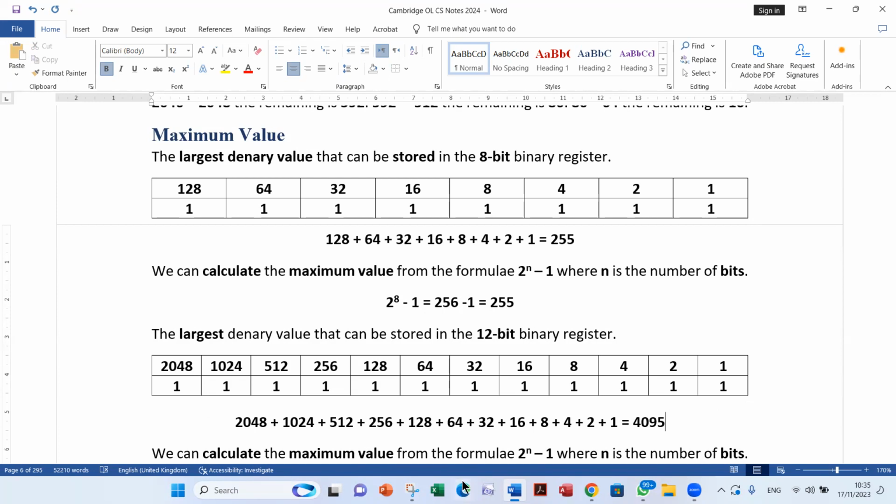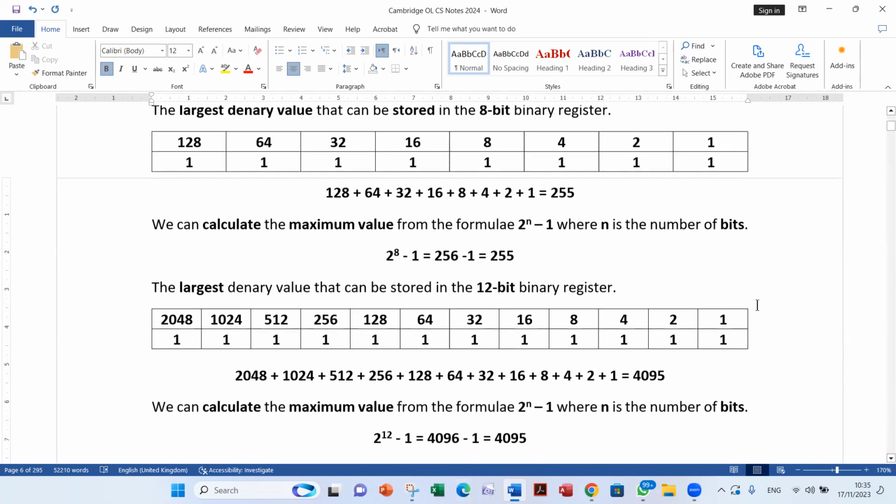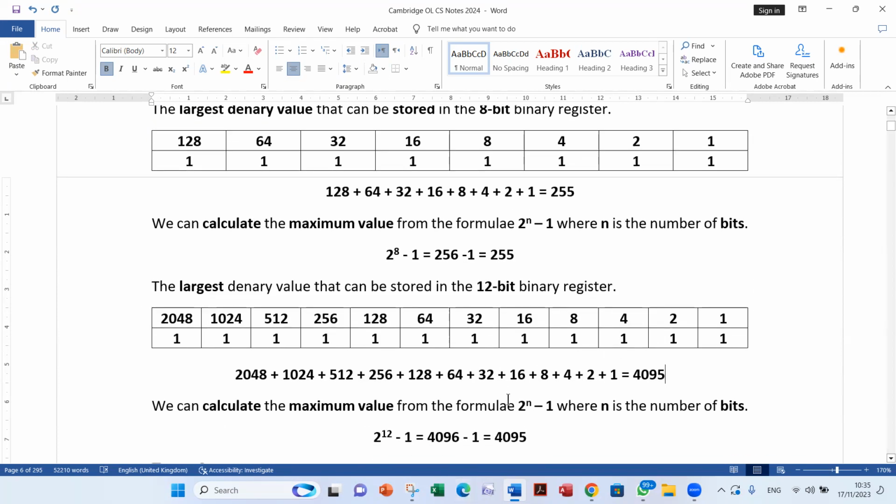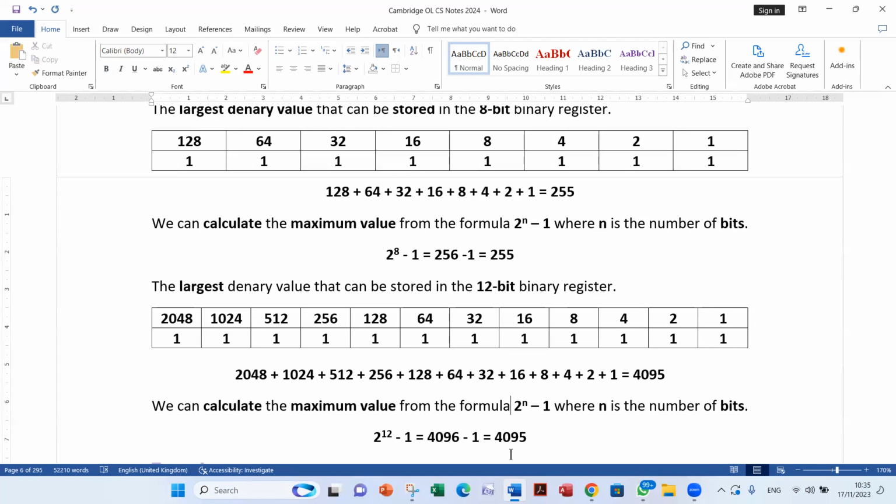We can calculate the maximum value from the formula 2 to the power of n minus 1, and n here is 12. So 2 to the power of 12 is 4,096.